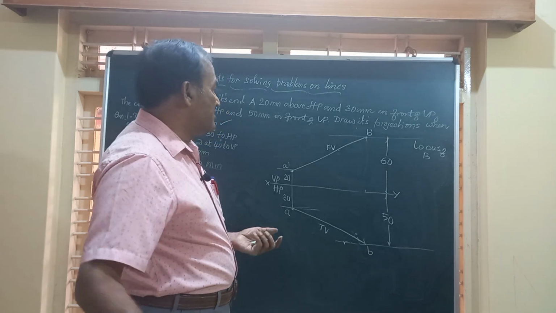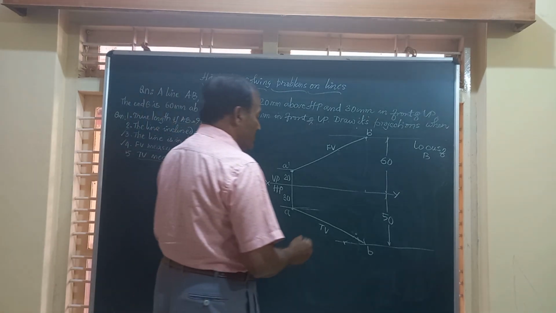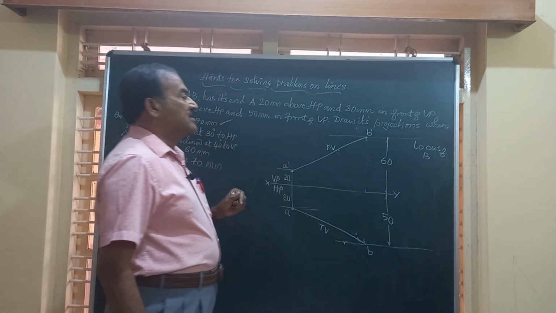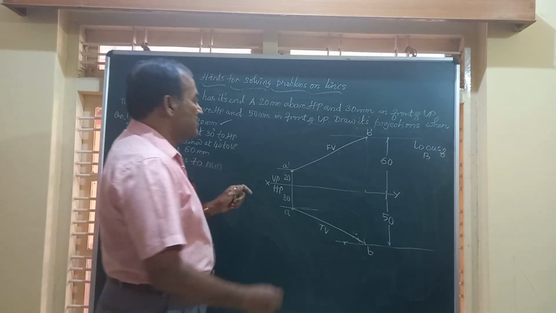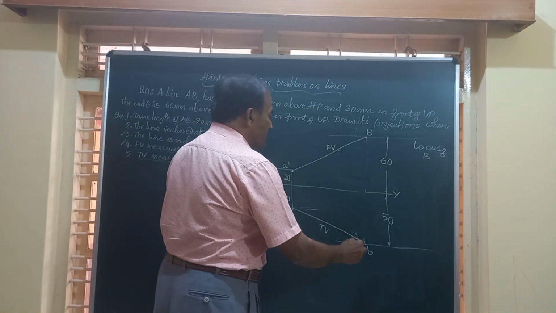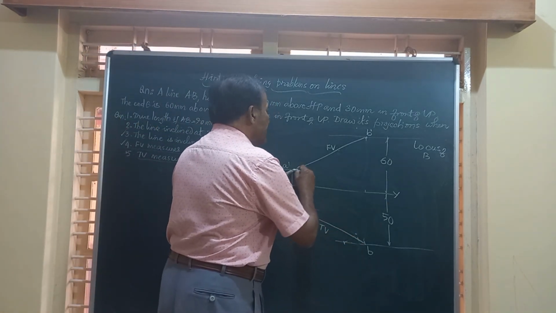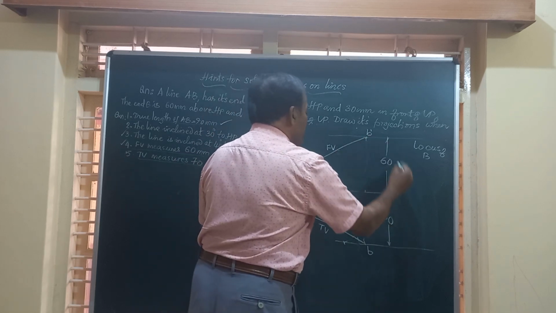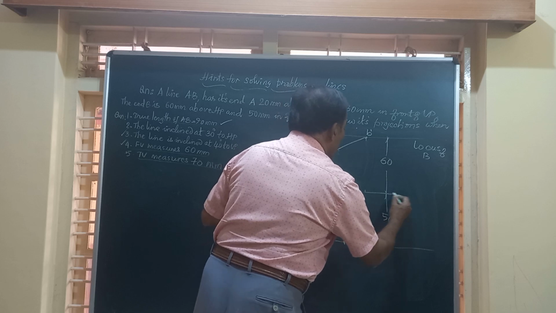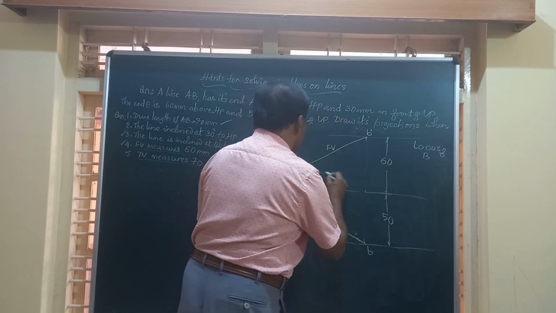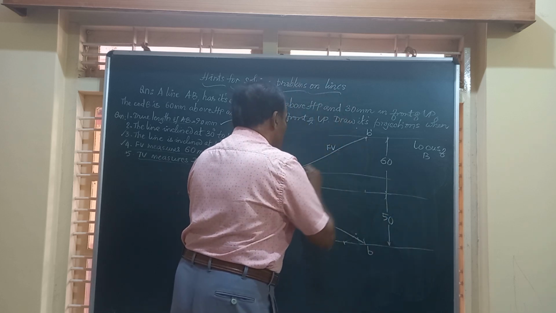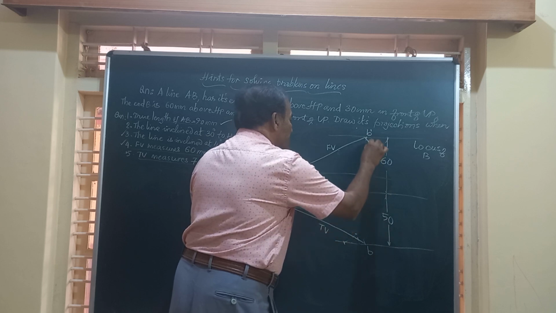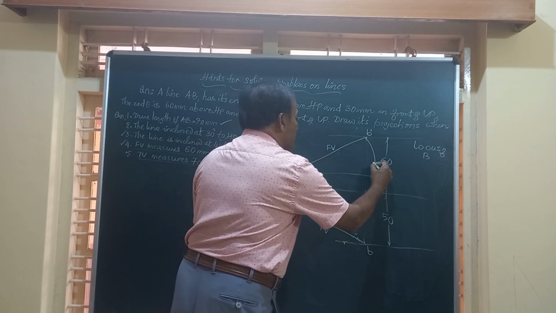So we have this front view and top view. I have to obtain the true length of the line. Whenever I want to obtain the true length of the line, take the front view. Taking A dash as center and A dash B dash as radius, I am going to draw an arc to cut the locus of A dash at this point.